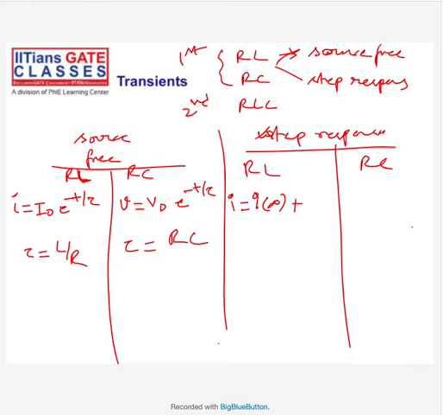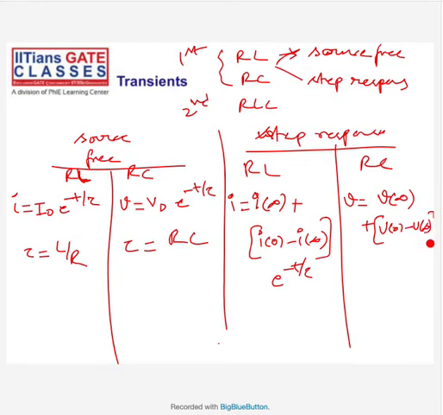I of infinity plus I of 0 minus I of infinity into e power minus t by tau. Same here with V of infinity plus V of 0 minus V of infinity e power minus t by tau. Tau will be the same, L by R and RC. Right? Remember?